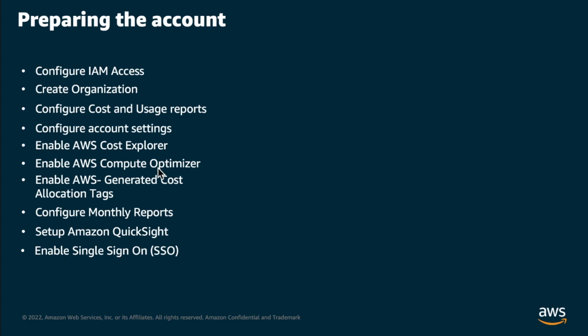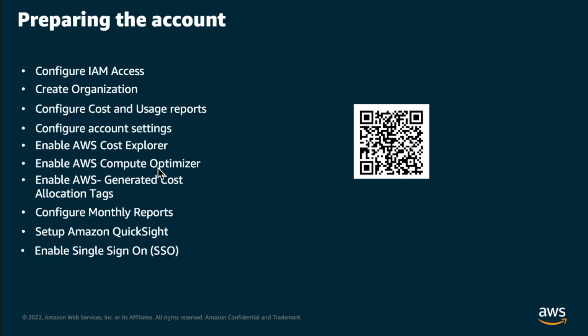They are free if you do the default configuration, for example Compute Optimizer, Cost Explorer, and things. And here is a QR code for a Well-Architected Labs guide which will help you configure most of the things that are the foundations, and it's very well explained and easy to do on your account.